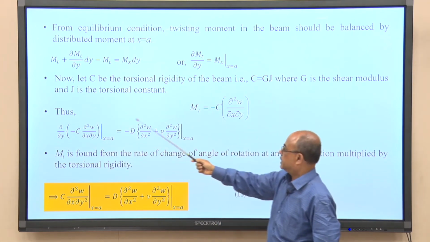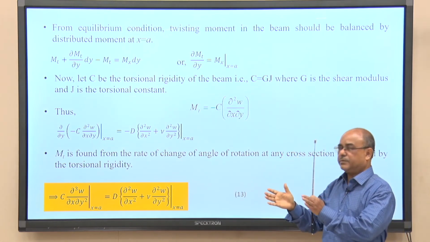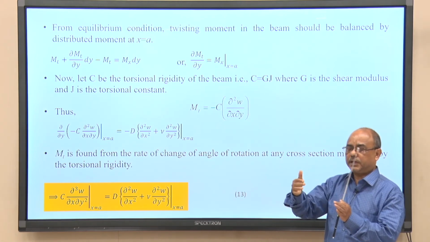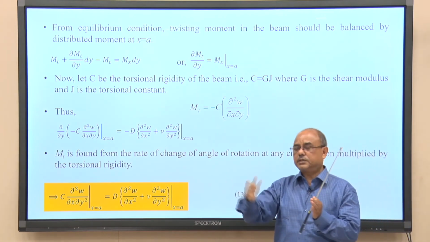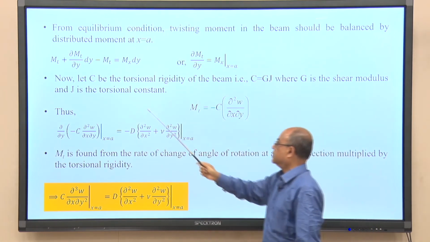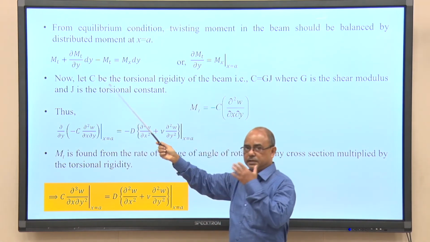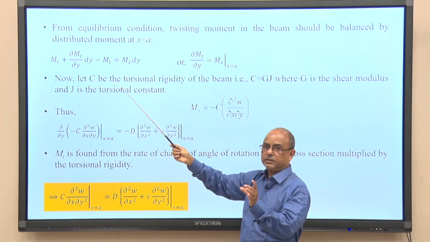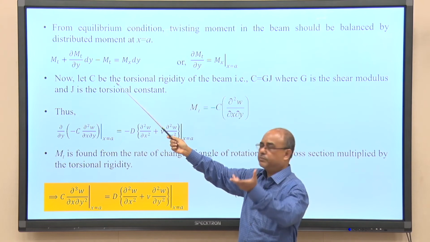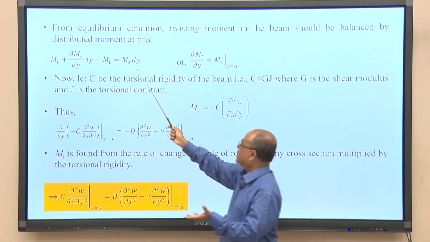How is it evaluated? For example, at one end of an element of the beam the torsional couple is m t. At a distance dy, the torsional couple will be m t plus d m t dy into dy. If I take the equilibrium of the element for torsional moment, because at the other side the sign will be different, this minus this will be your bending moment m x dy.